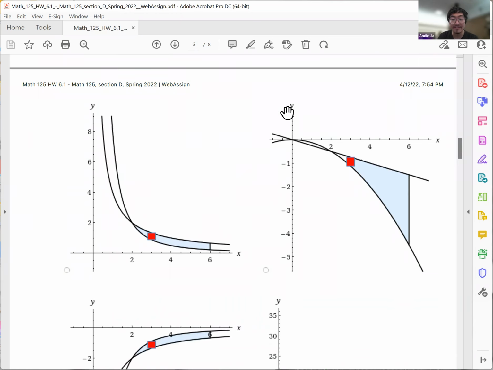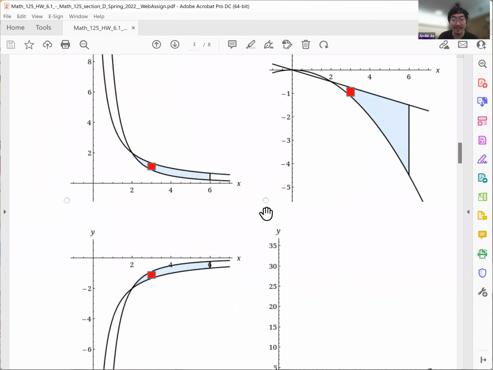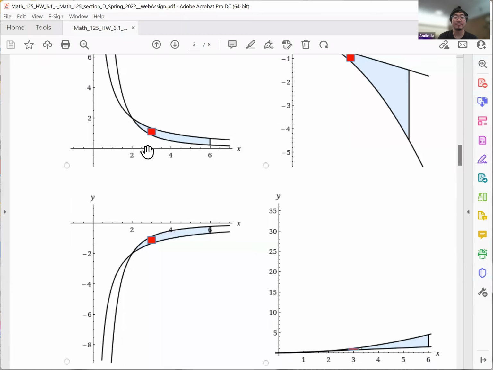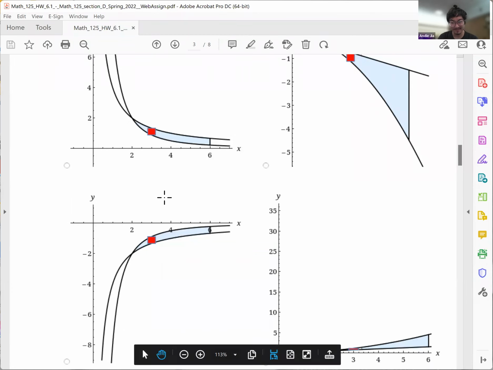The behavior is increasing, so this one is out. Now between this one and this one.